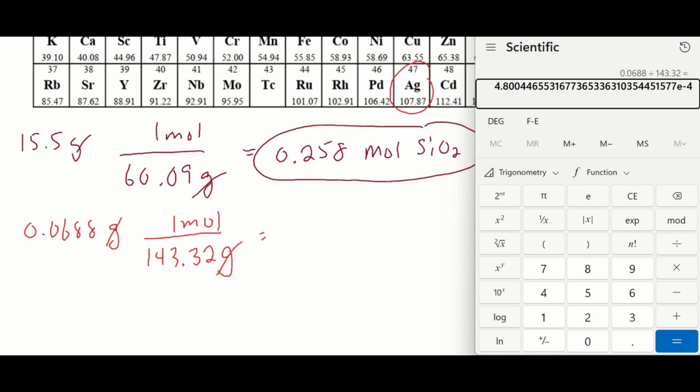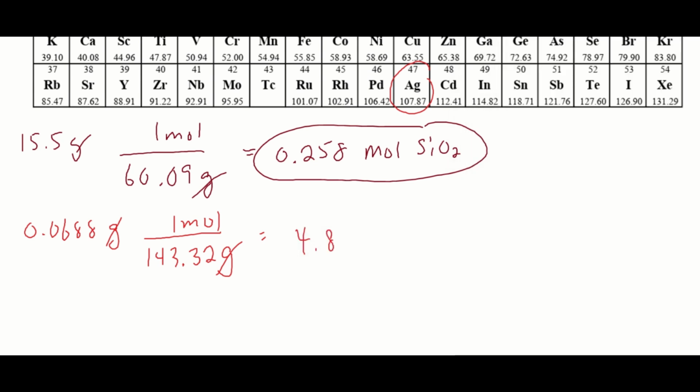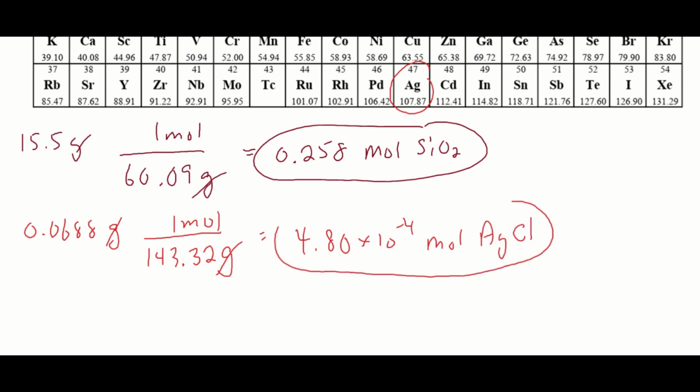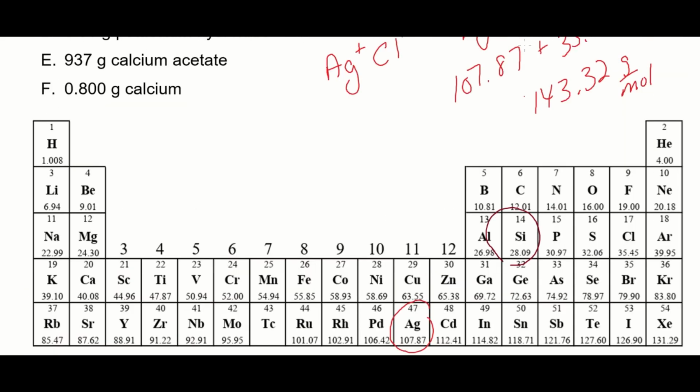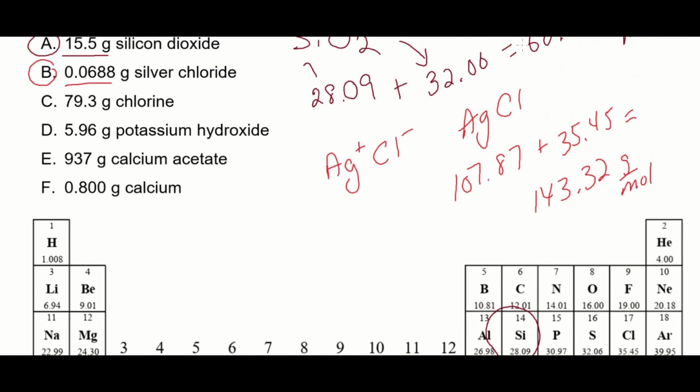So our answer to 3 significant figures is 4.80 times 10 to the negative 4 moles of AgCl. Chlorine is a diatomic element, so it's Cl2. There's 2 of them.